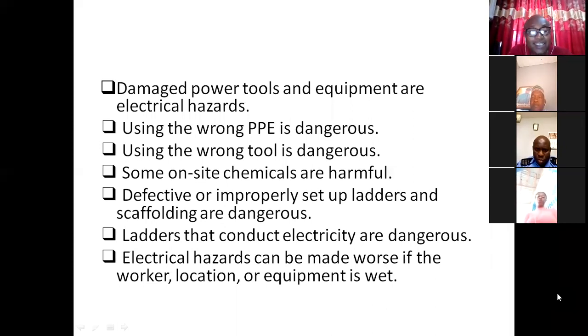Some on-site chemicals are also harmful. There are some chemicals on site that are very, very dangerous. I'll give you an example. Every one of us watched the video of the incident that happened in Lebanon.